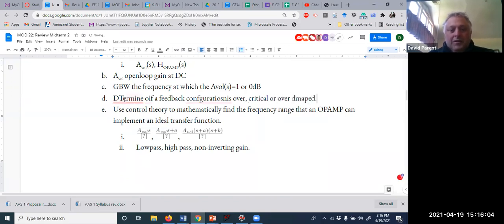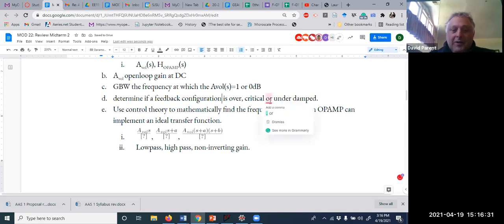There's another kind of question. Determine if a feedback configuration is over, critically, or under damped. Now in the homework, I might have had one transfer function and I made you do it like 4 different ways.